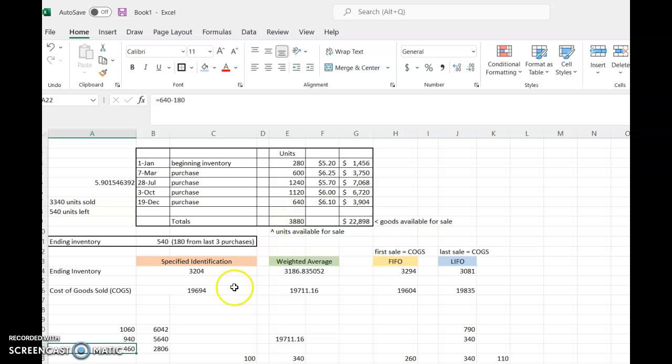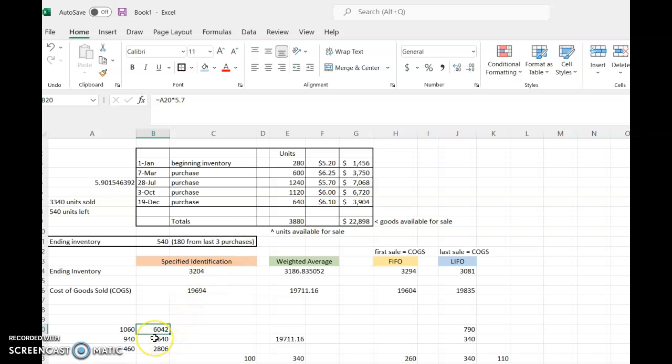Then we're going to multiply each of those numbers by the price they were sold at. In this column over here, you can see that I've multiplied the corresponding units number by the price that's up here in this table to get the cost for each of those sale amounts.